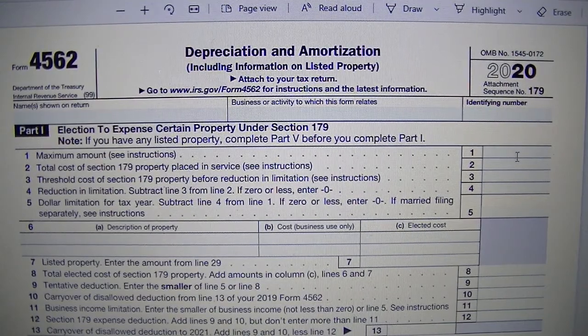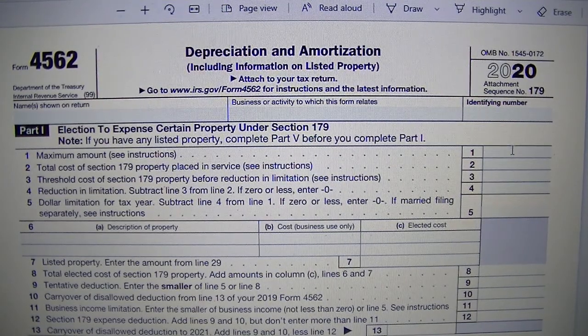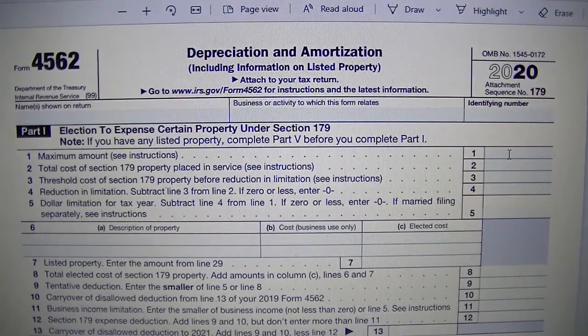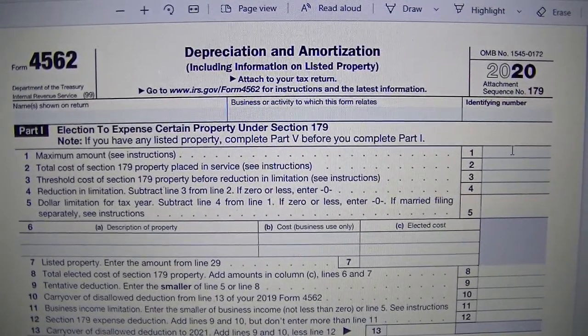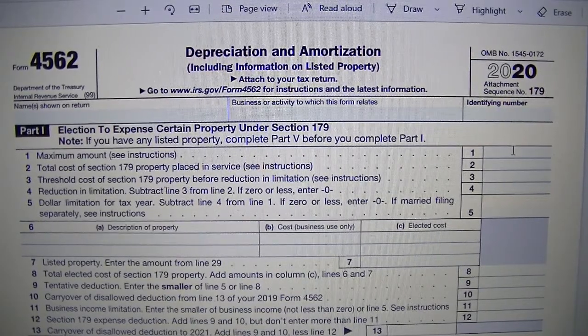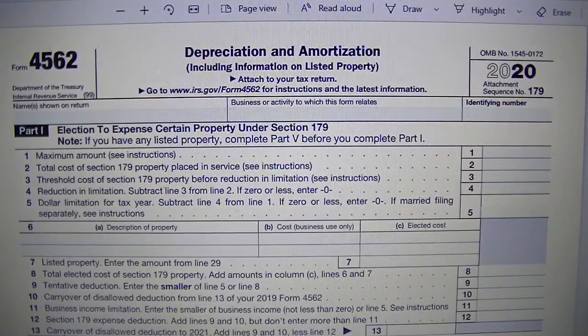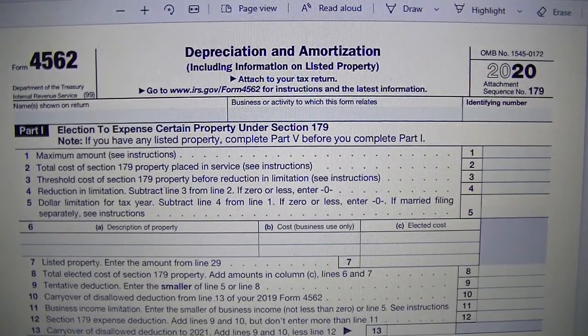So your line 1 will be that 1 million. That's the maximum you can deduct. It's not more than the maximum 1,040,000. Your total is less than the maximum allowed for Section 179. So you put 1 million on line 1 and 1 million on line 2 of Part 1 of Form 4562.